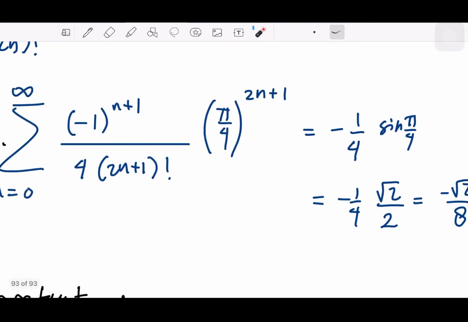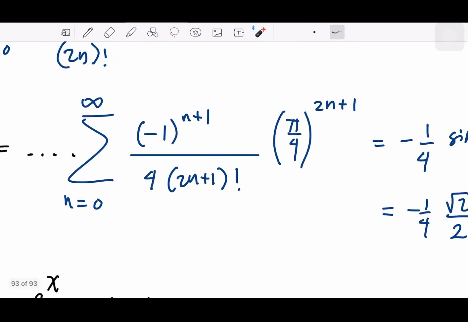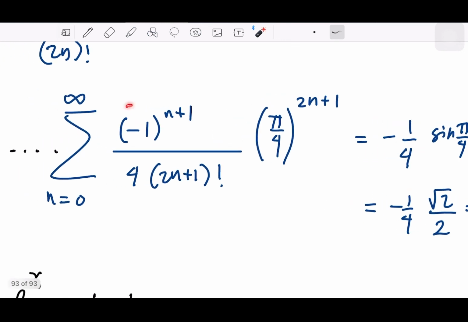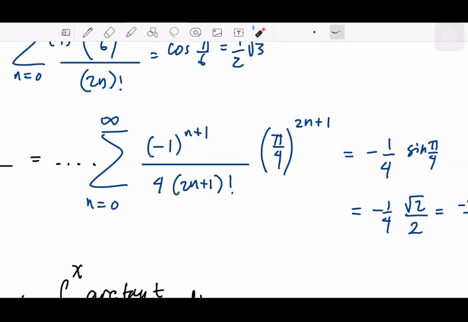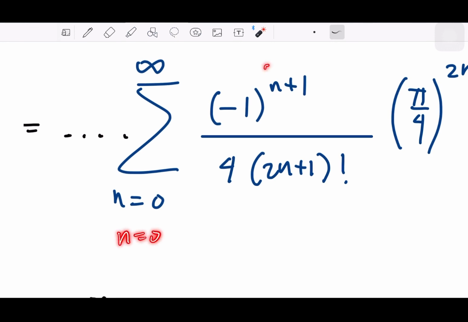Okay, and then looking at what we have here, this is actually our series, and we can check what will happen when n equals 0.